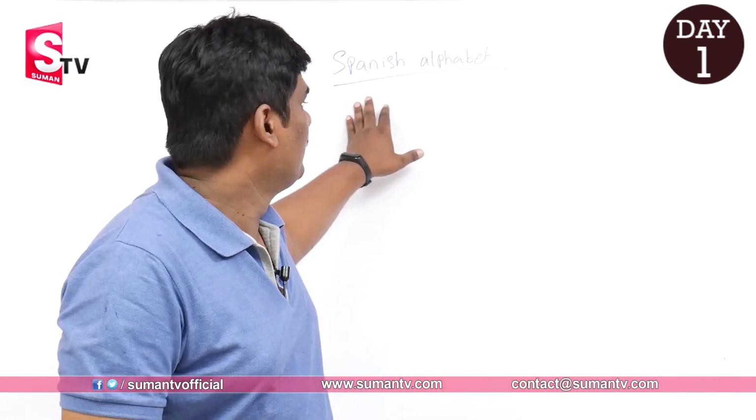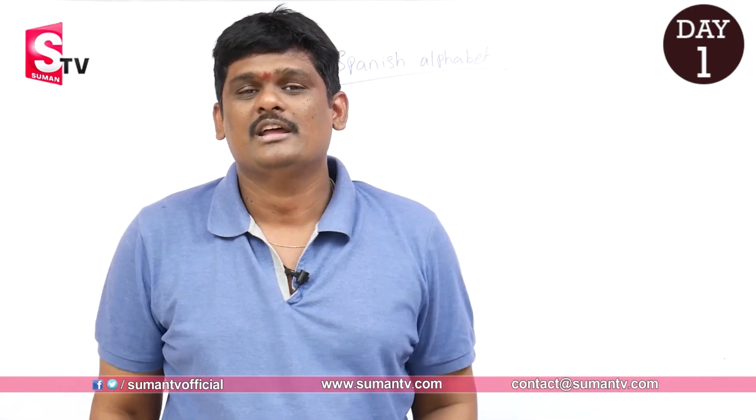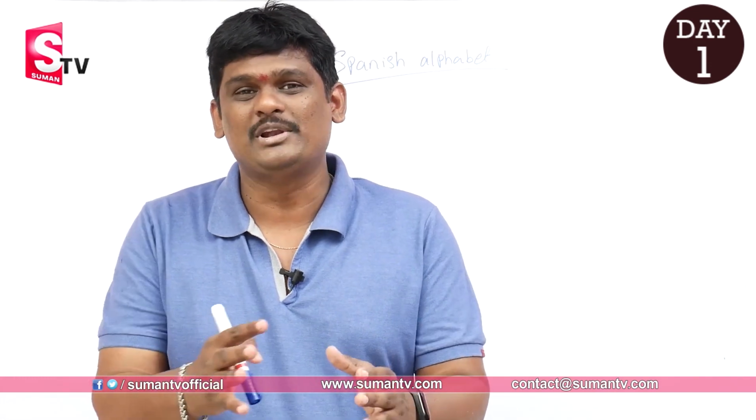Now we are going to learn about the Spanish alphabet. I will let you know a simple trick to learn it. First we'll write the English alphabet, that is 26 letters, and then we will convert these 26 letters to 30 letters.